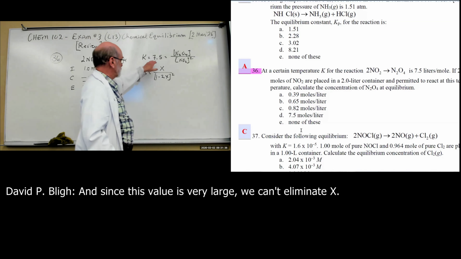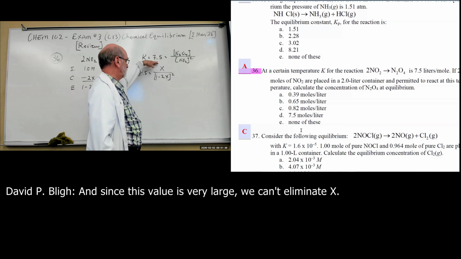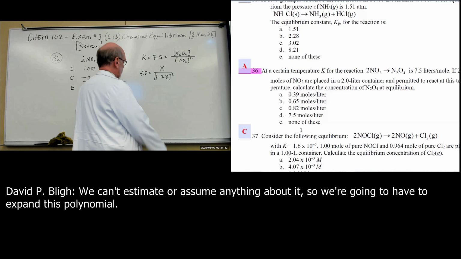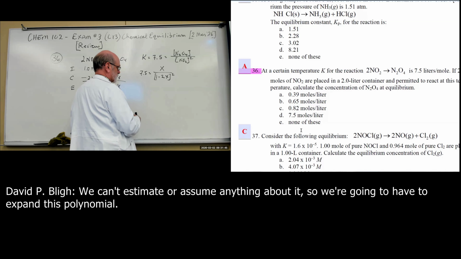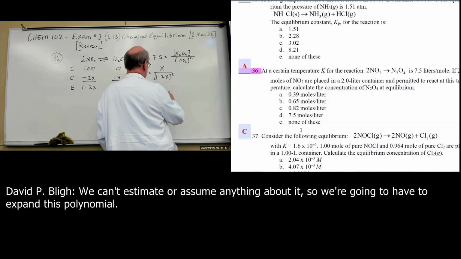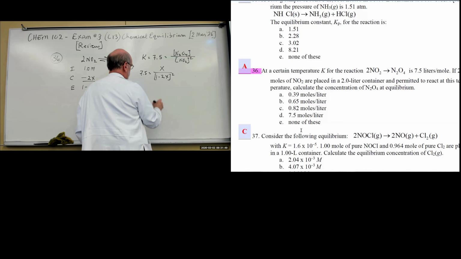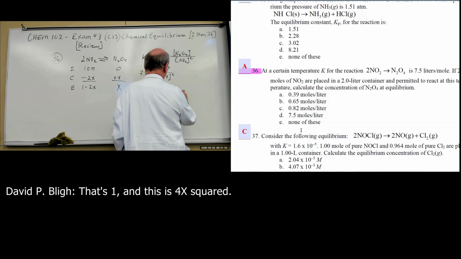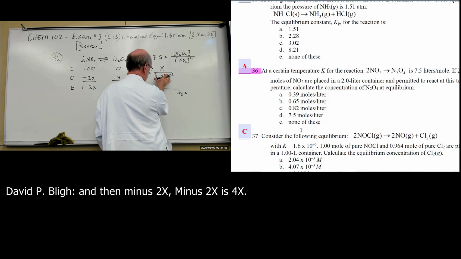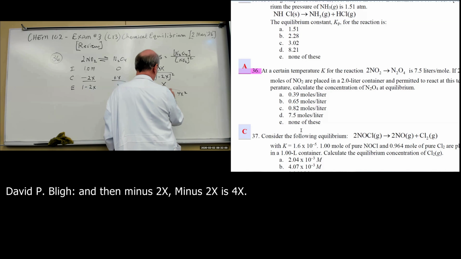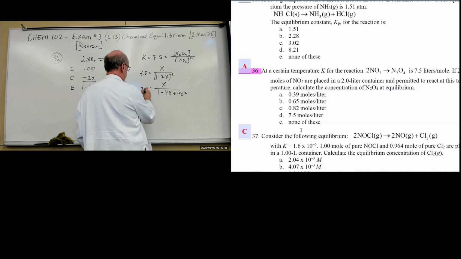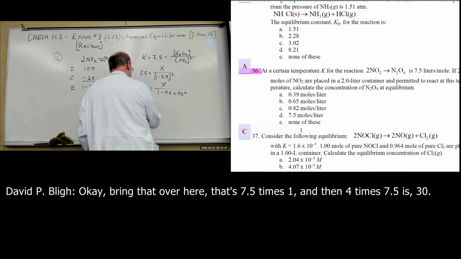And since this value is very large, we can't eliminate X. We can't estimate or assume anything about it. So we're going to have to expand this polynomial. That's 1, and this is 4X squared, and then minus 2X minus 2X is 4X. That's the bottom. Okay, bring that over here.